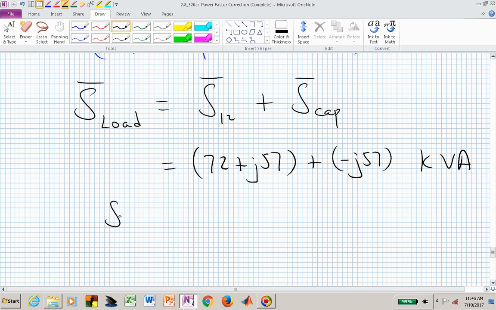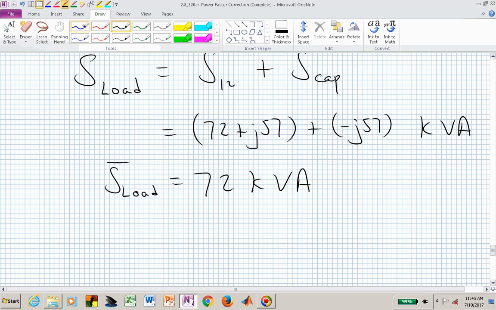So that now the load associated with the capacitor, load 1 and load 2, is now purely real. The complex power is now all real.